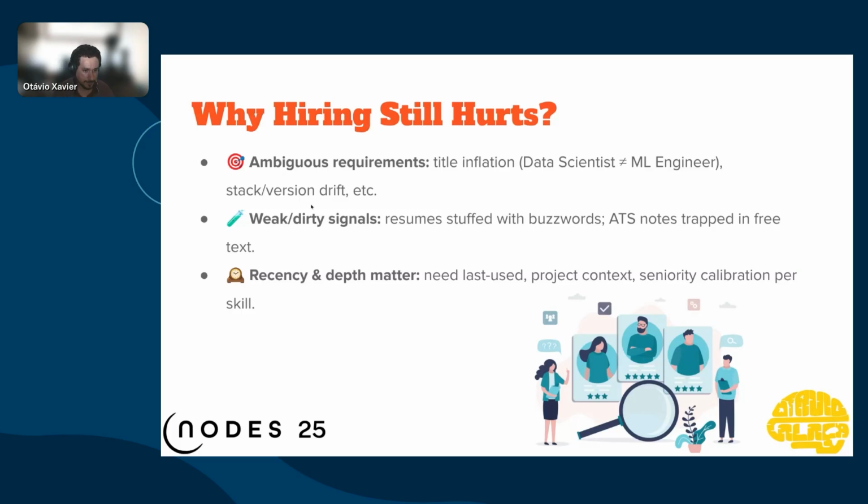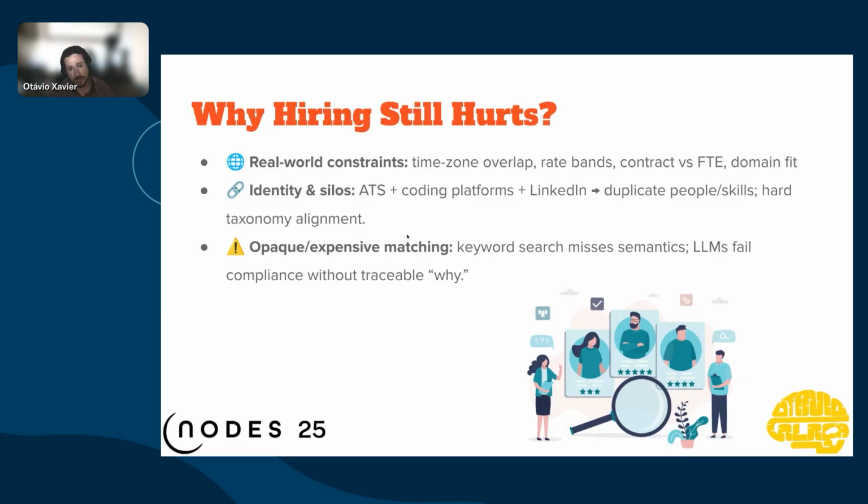Other problems are related to the time zone. Some roles are specific to given time zones, and we need to filter the candidates somehow. Then there is the silos problem, which is mostly related to the connections between data.